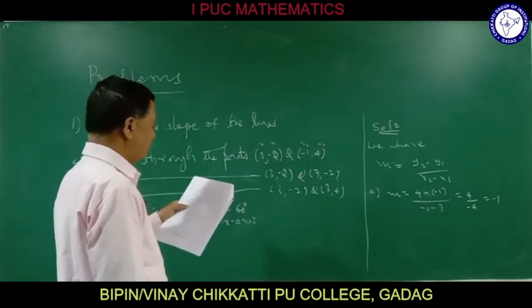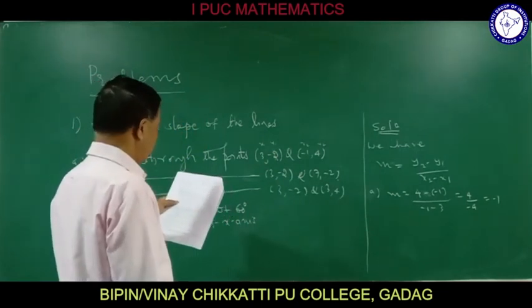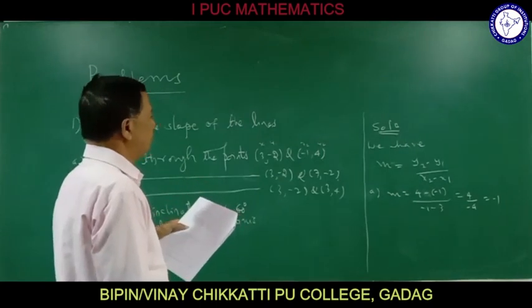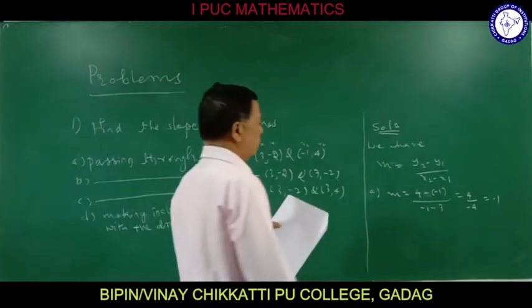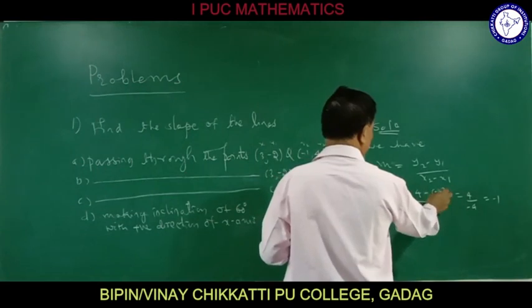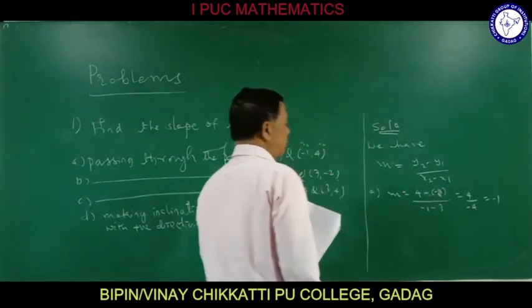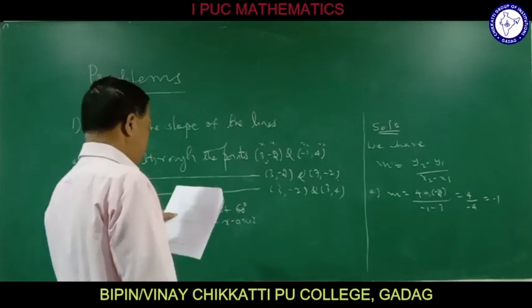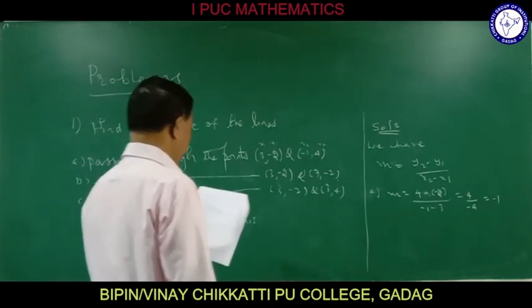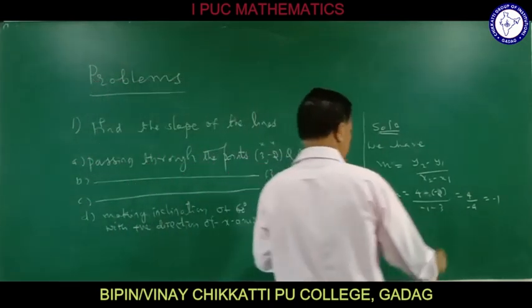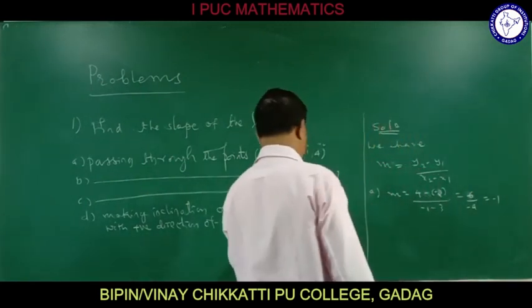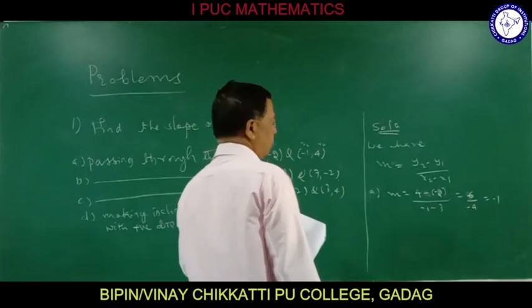Then the result here is 4 of minus 2, so 4 plus 2 is 6. In the denominator, that is nothing but minus 4.